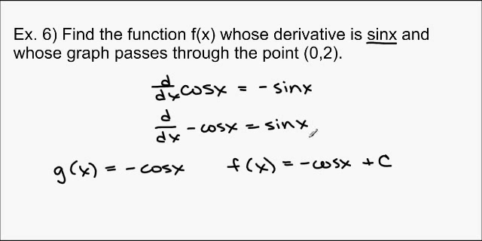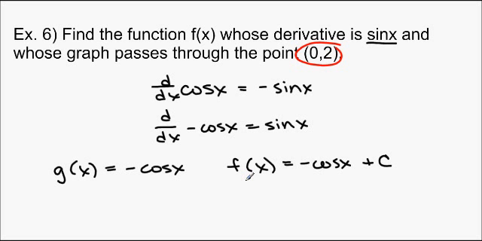This is because since they have the same derivative, the functions only differ by a constant, c. To figure out what that constant is, we have this helpful tidbit that the graph passes through (0, 2), which means that when x is 0, y is 2.